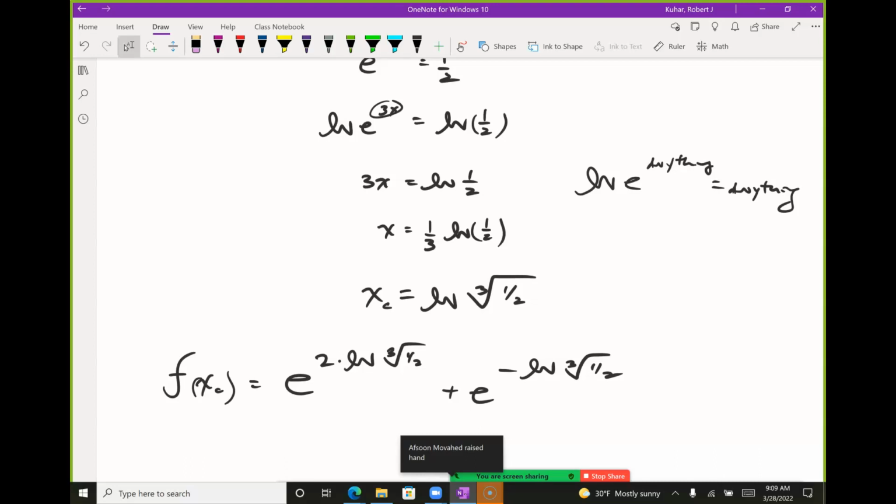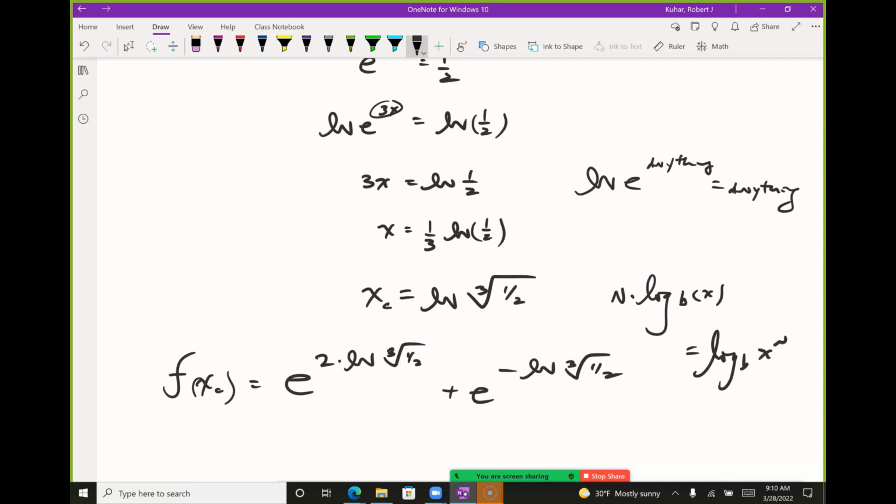If you remember, we had that property of n times log base b of x is the same as log base b of x to the n. That coefficient comes out and goes back in as an exponent to the argument. Why did I put that in?